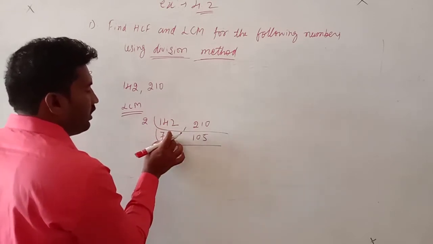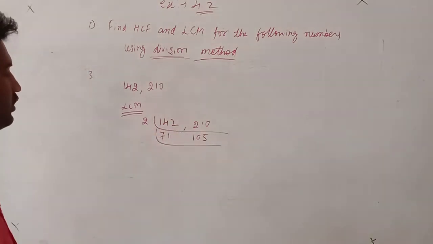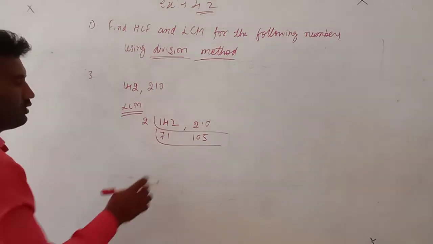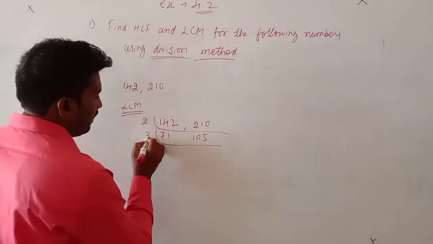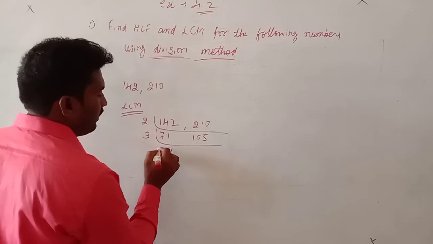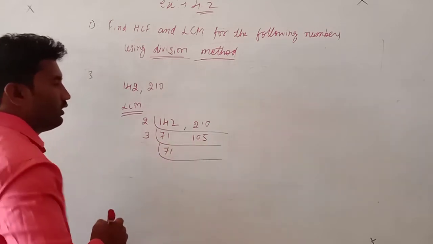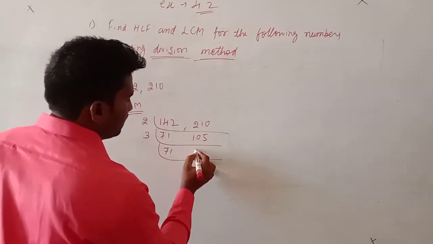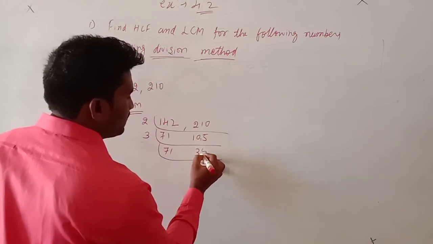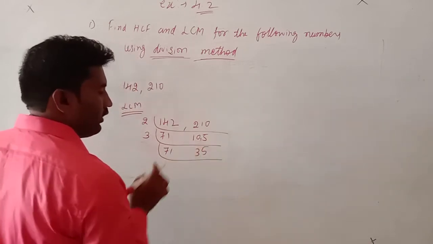So 71 is a prime number; it is not divisible by any number. Okay, 105 can be divided by 3. Keeping 71 as it is, we divide 105 by 3: 3 ones are 3, 3 fives are 15, so 35.